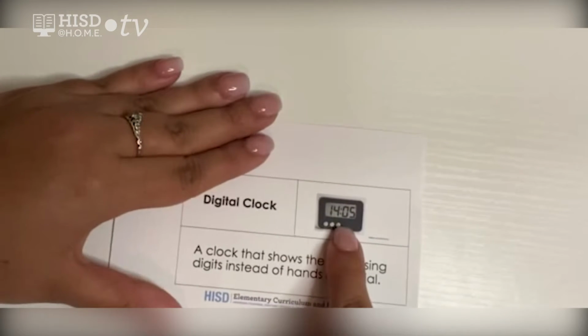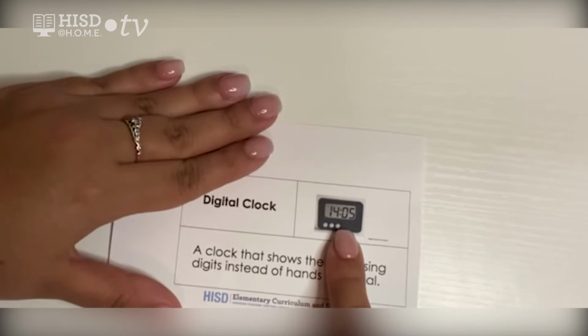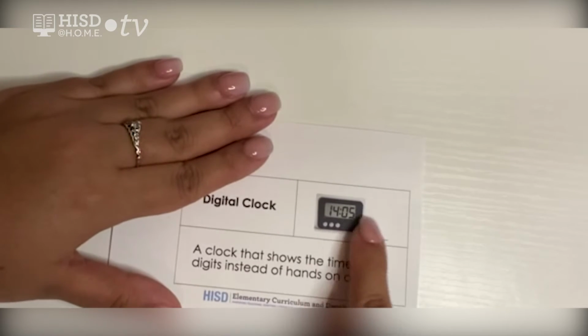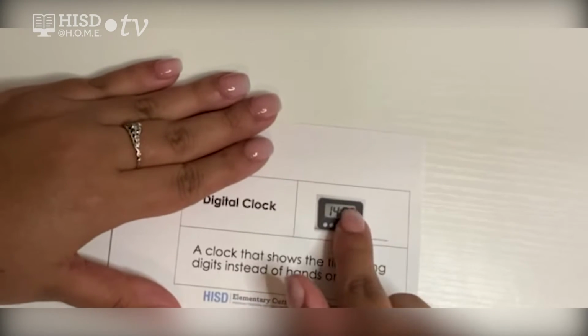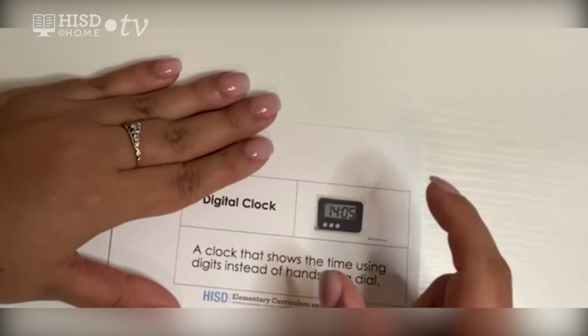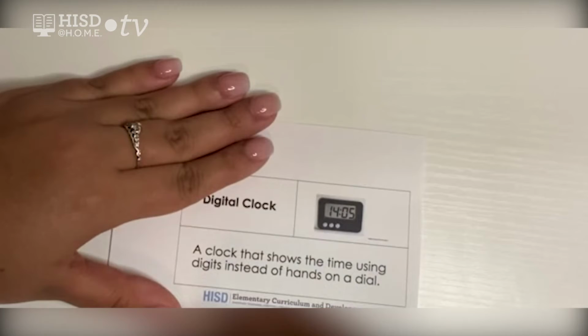Now, do you notice the time on this digital clock? It says 14:05. I know some of you are like, wow, I've never seen time like that before. And that's because this time right here on this specific clock is military time. Military time, guys, is a way that people read time from midnight to midday.